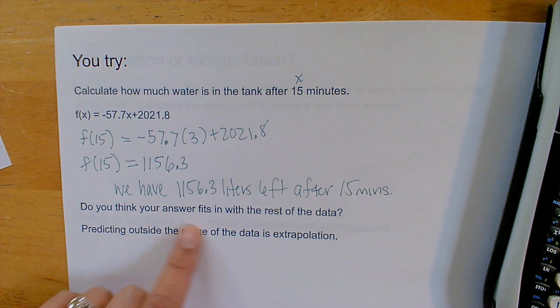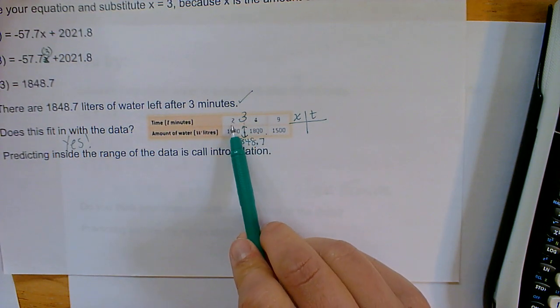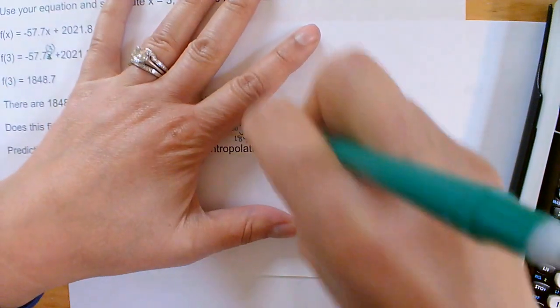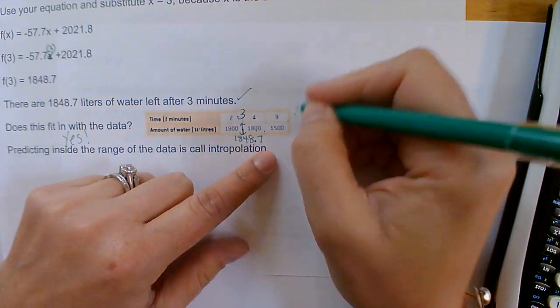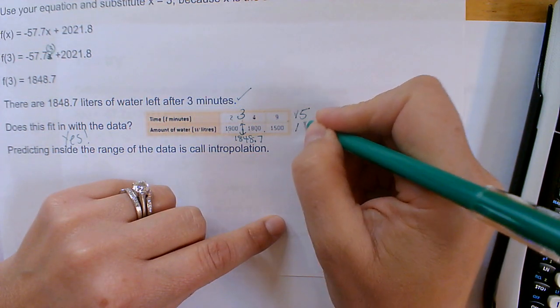Do you think your answer fits in with the rest of the data? Well, let's just go back to our data, our little data chart from the previous question. All right, so we have 2, 3, 4, 9. Now we're dealing with 15. 15 is outside the range of my data.